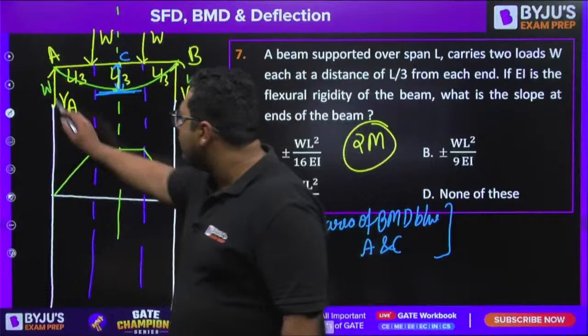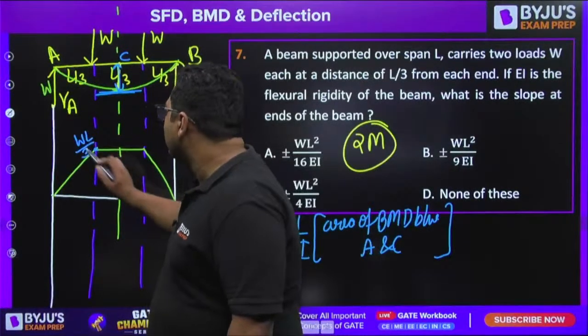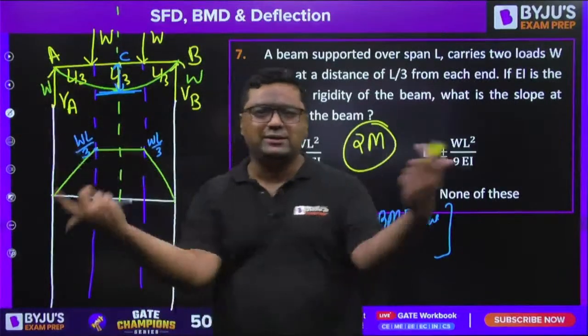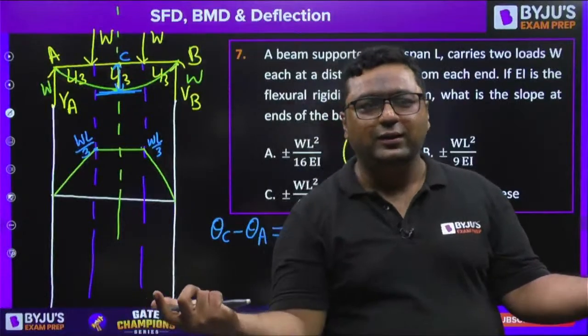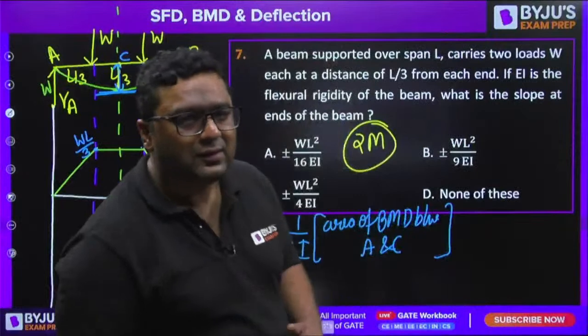And you know this value is W, so this value will be WL by 3. Force into perpendicular distance is moment. There is no lengthy calculation required here.